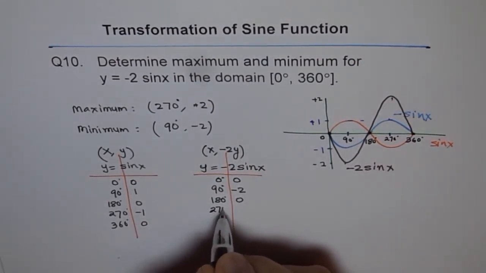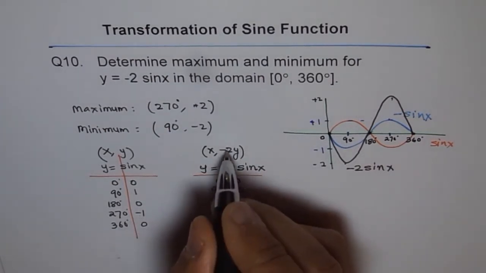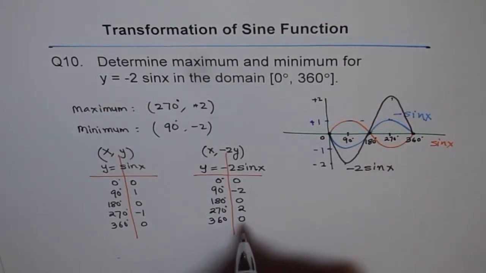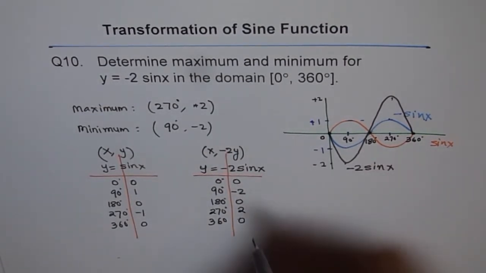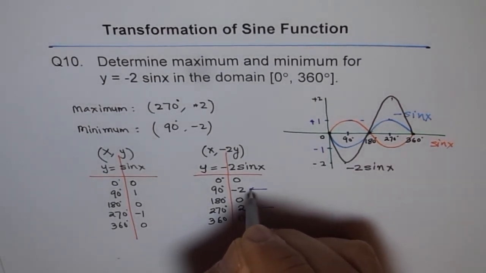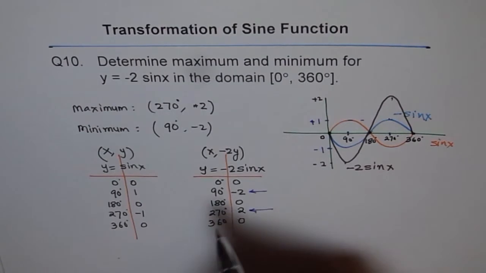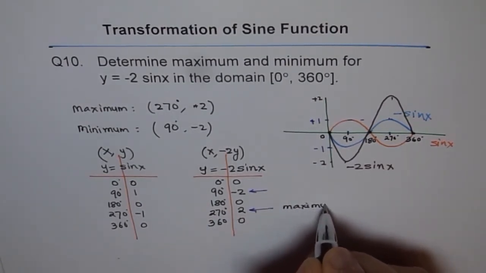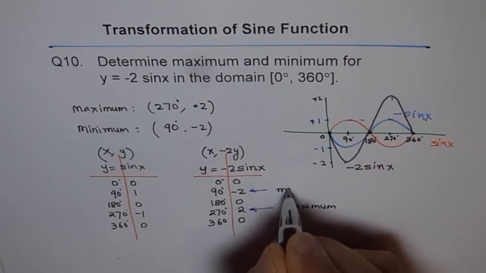For 270 degrees, minus 1 times minus 2 gives me plus 2. And at 360 degrees, 0 times minus 2 is still 0, right? So what we observe here is that the maximum value is 2 for us and the minimum is minus 2, correct? So that becomes the maximum. And this becomes minimum. Do you see that?